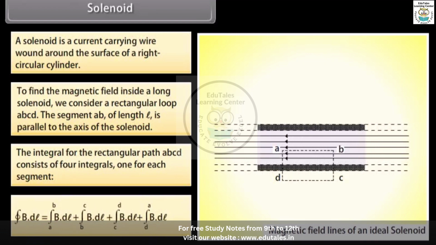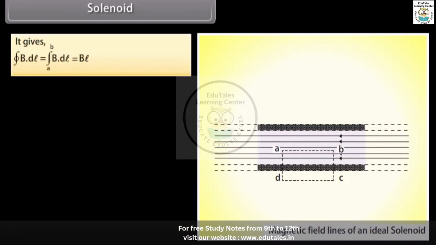Closed integral of B dot dl equals integration from A to B of B dot dl plus integration from B to C of B dot dl plus integration from C to D of B dot dl plus integration from D to A of B dot dl.